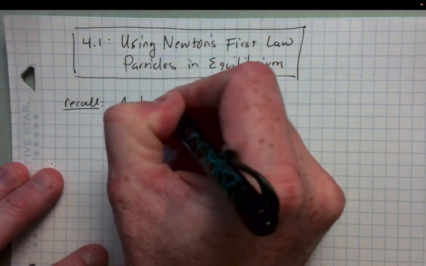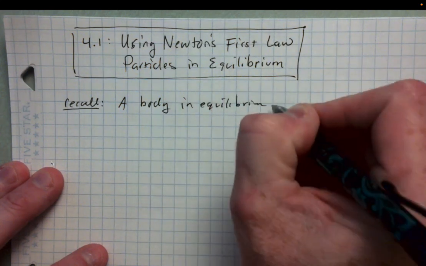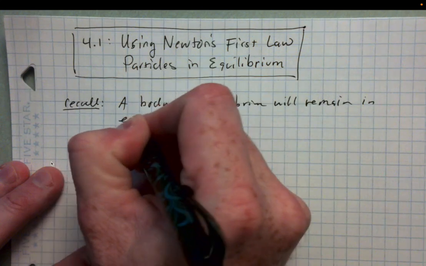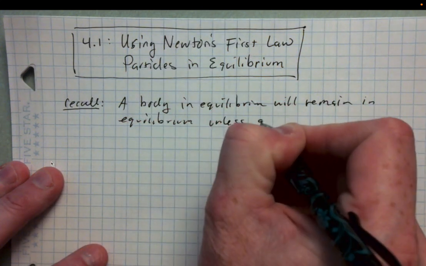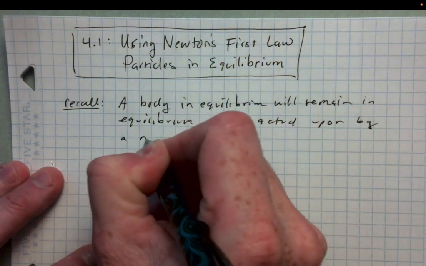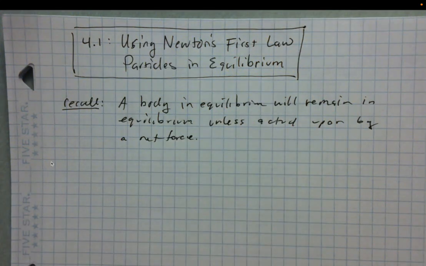A body in equilibrium will remain in equilibrium unless acted upon by a net force. Right? So there's many ways to state Newton's first law.